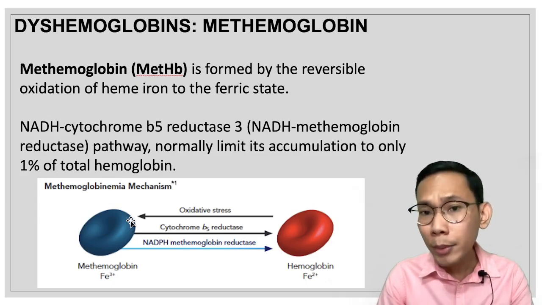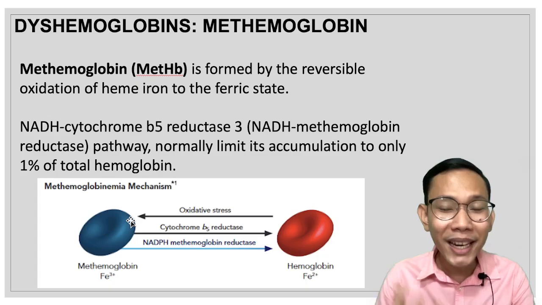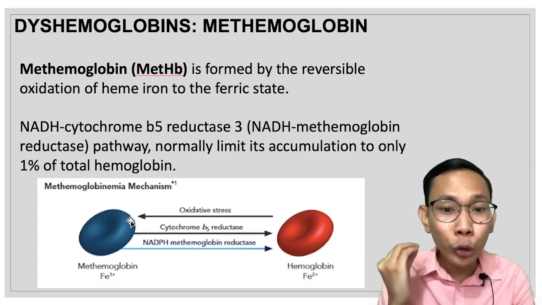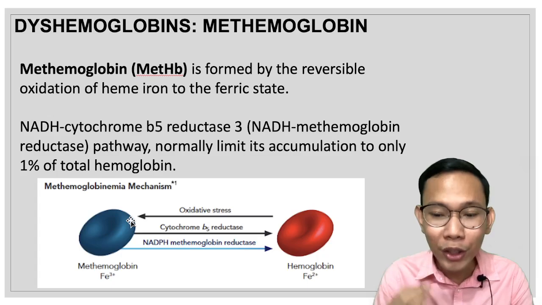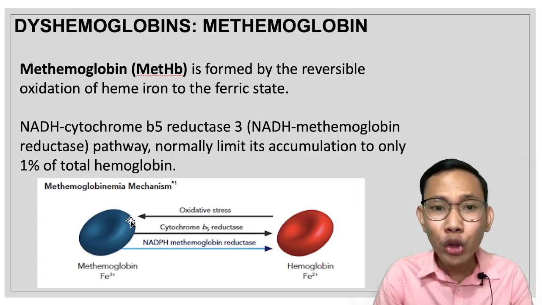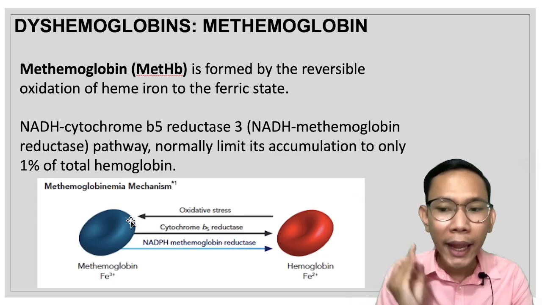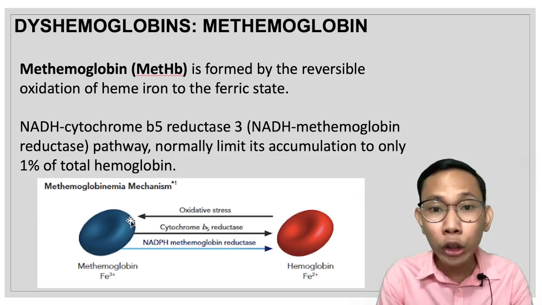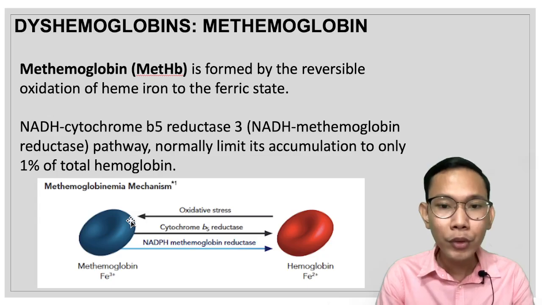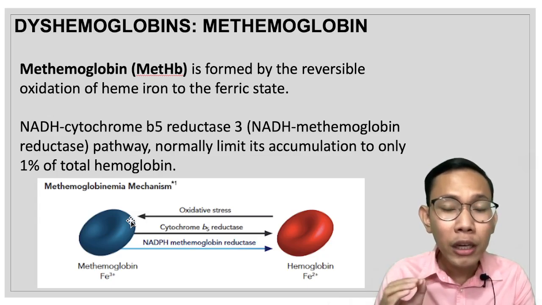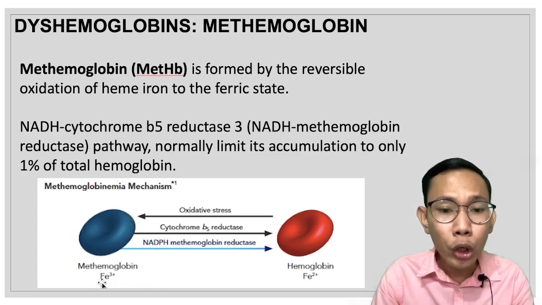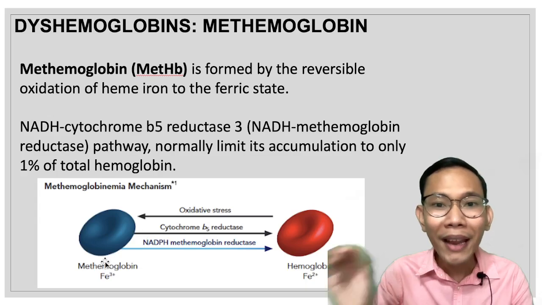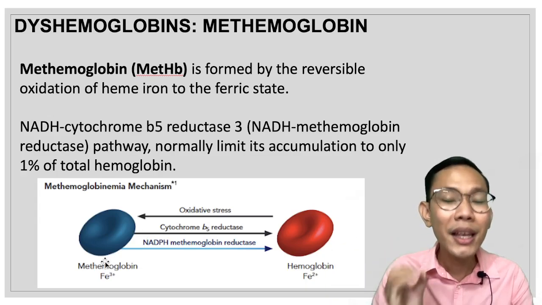There are also symptoms of hypoxia. Typical presentation: the patient is dyspneic, with headache, vertigo, or change in mental status. So again, at the level of 30% of the entire blood hemoglobin being methemoglobin, that's when we start having symptoms.